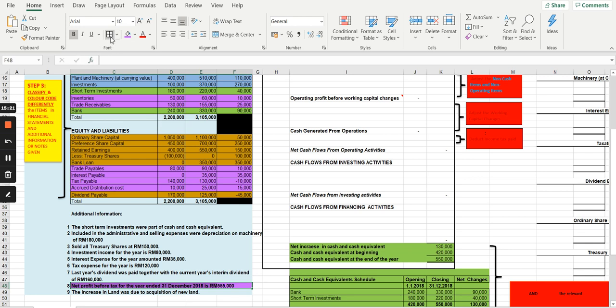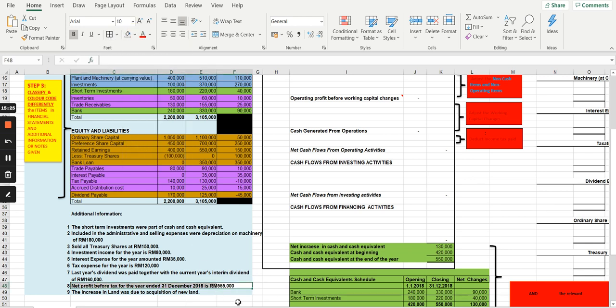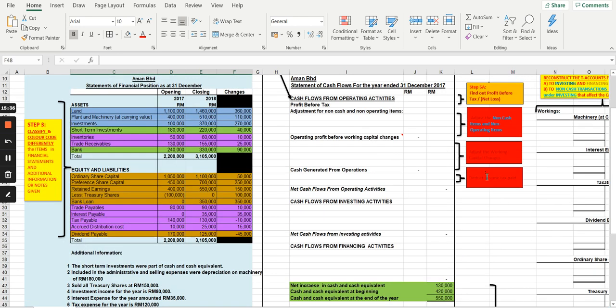So we'll take the profit before tax, which is 555,000. We will put it here.